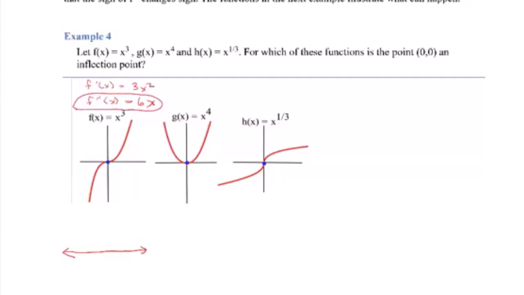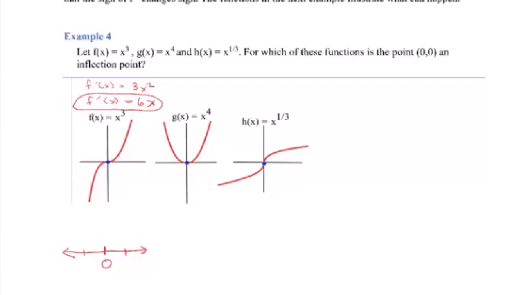So when x equals 0, y equals 0, and I have my first possible inflection point, because I have to check to see what signs are on each side.